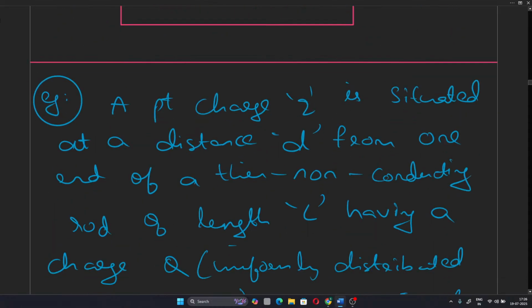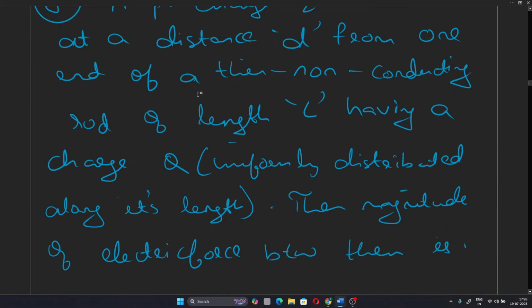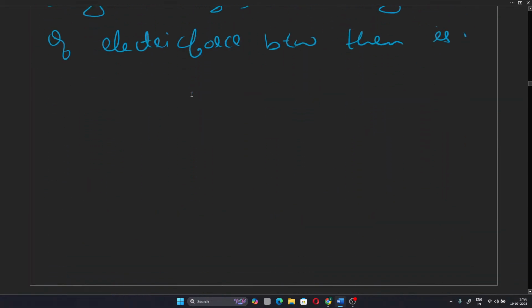Okay, there is a point charge q situated at a distance d from one end of a thin non-conducting rod of length L having a charge q that is uniformly distributed along its length, then the magnitude of electric force between them. There is a rod like this.